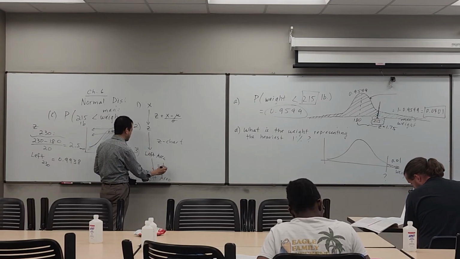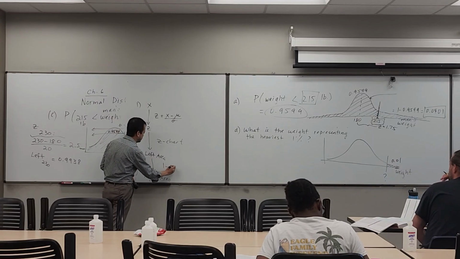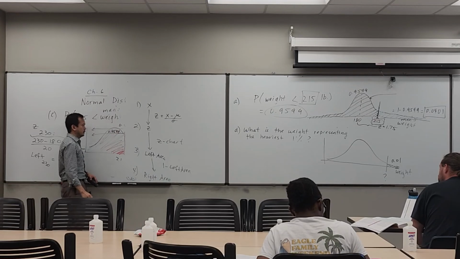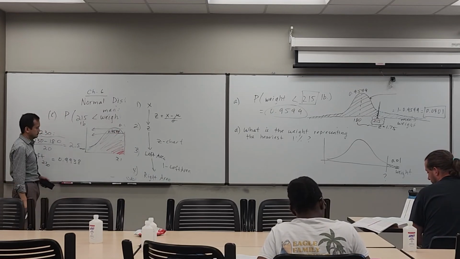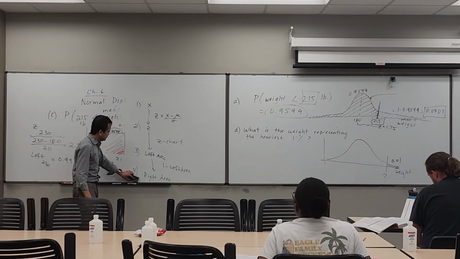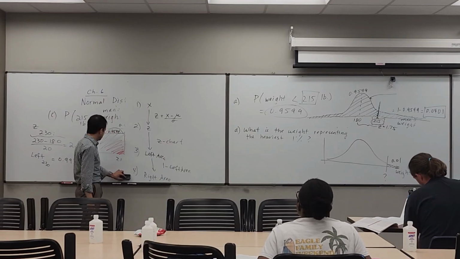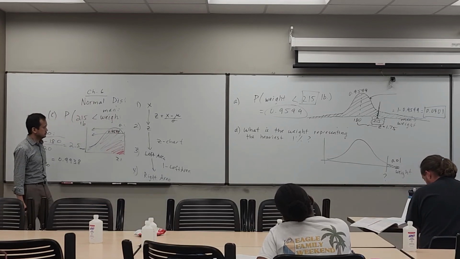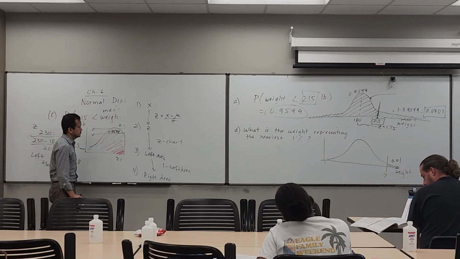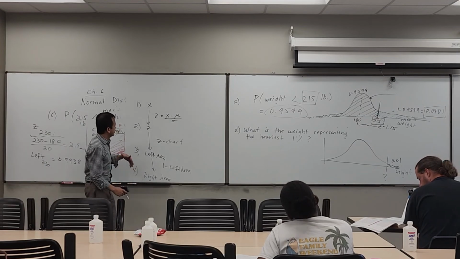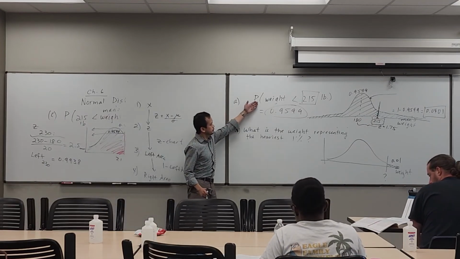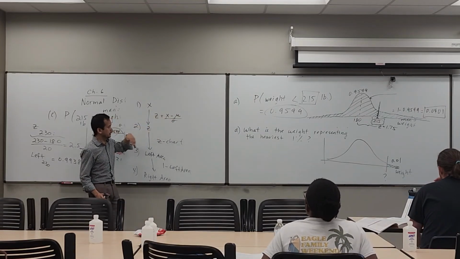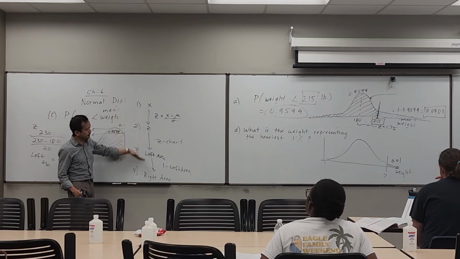So 1 minus left area is the right area. Okay, so that's if we're going in this direction, where we start with data point X, and we need to find a probability or a left area or right area. Then we go through these steps.